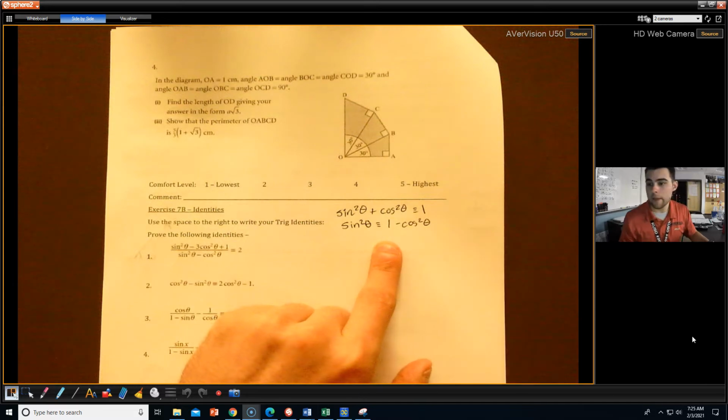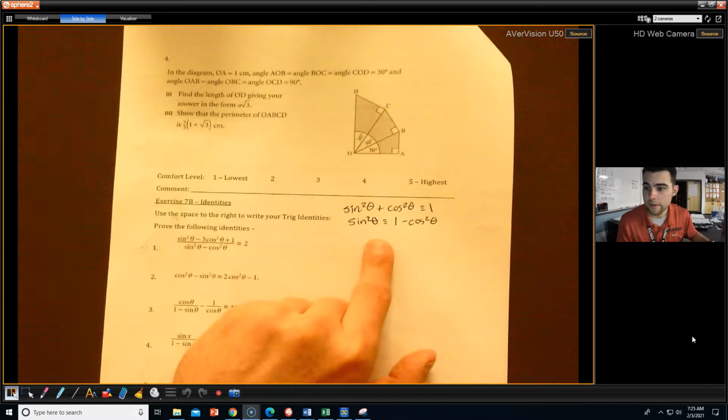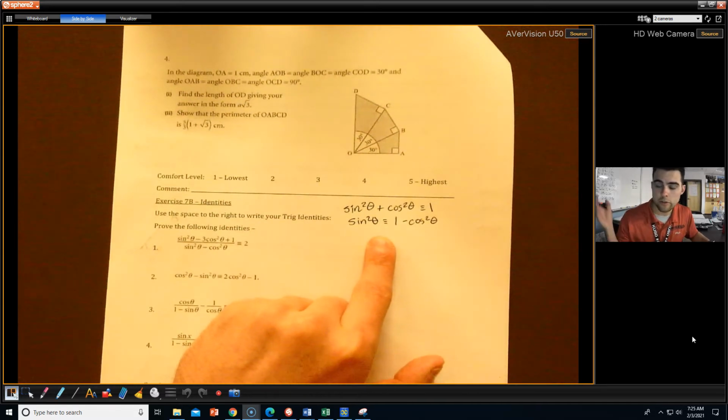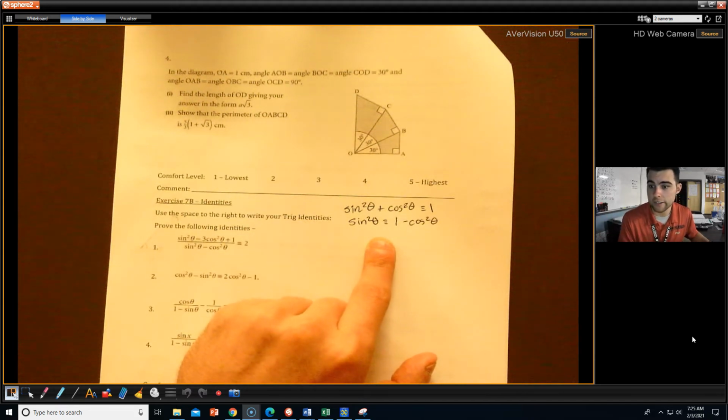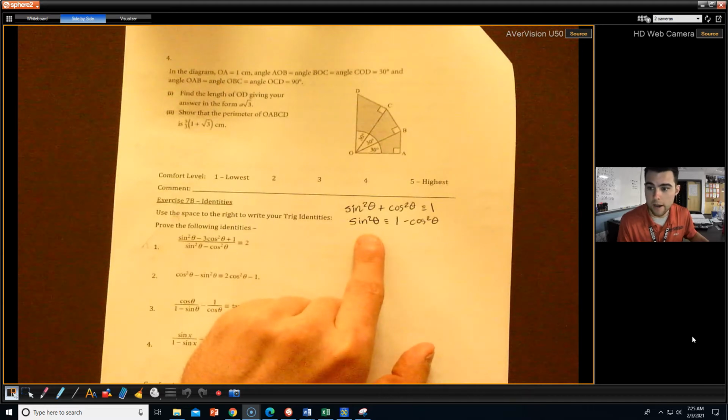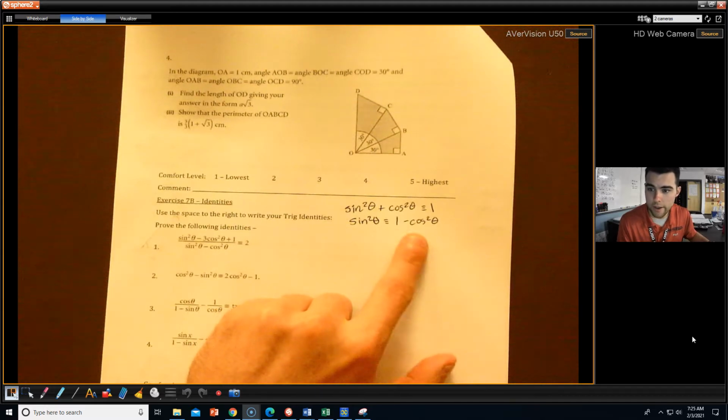So anytime I'm given something with sine squared theta and I want to write this in terms of cosine, or if you're doing an identity and you think it's a good idea to turn it in terms of cosine, you can do this, okay?